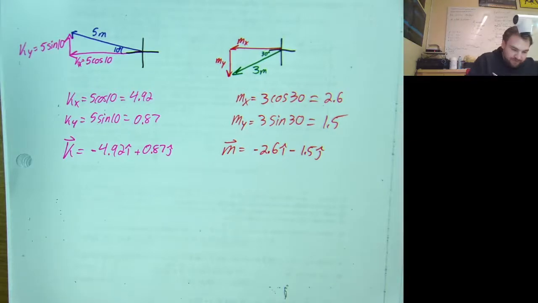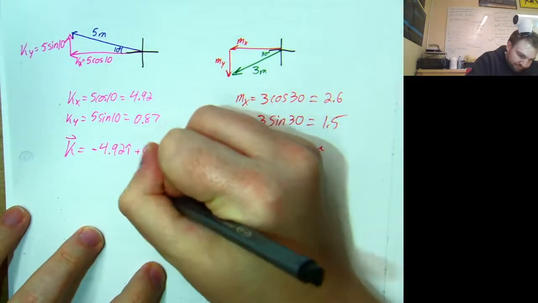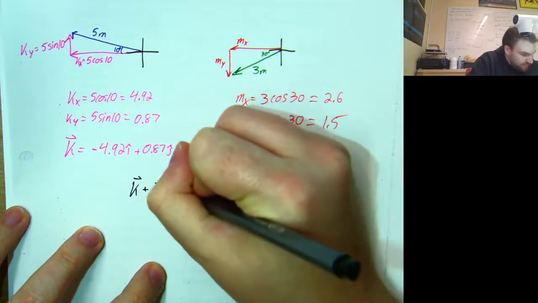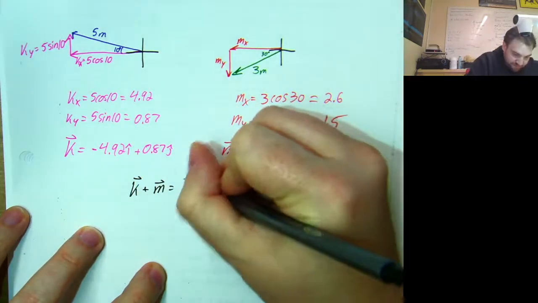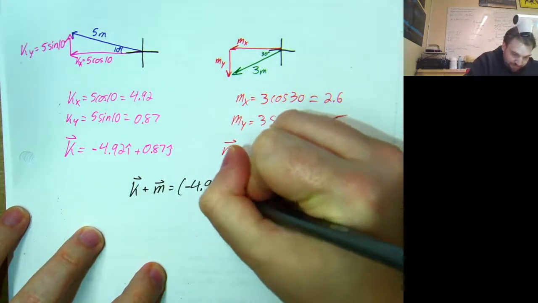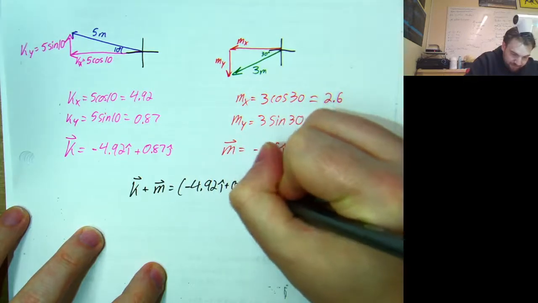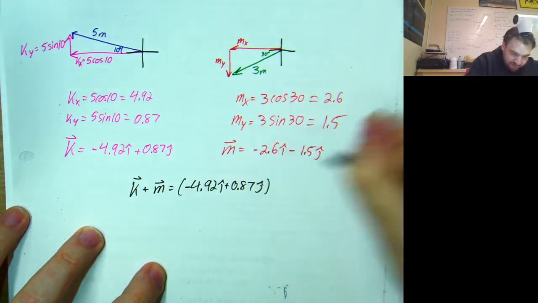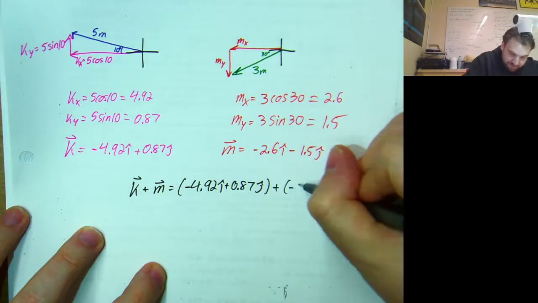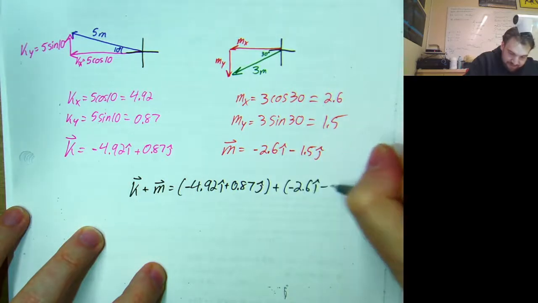So then if I wanted to write K plus M, that's just negative 4.92 i hat plus 0.87 j hat plus negative 2.6 i hat minus 1.5 j hat.